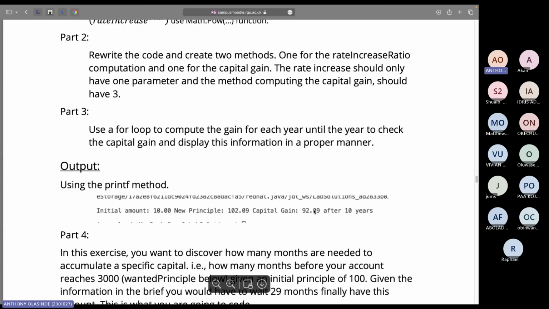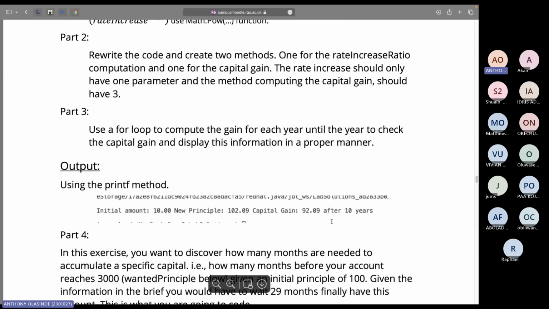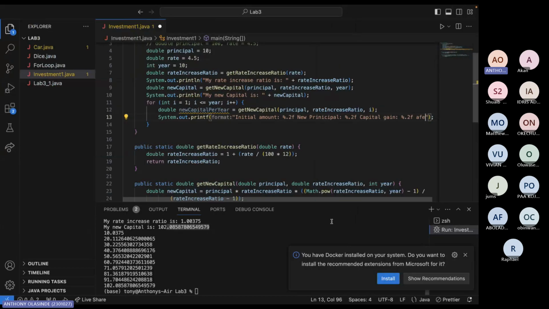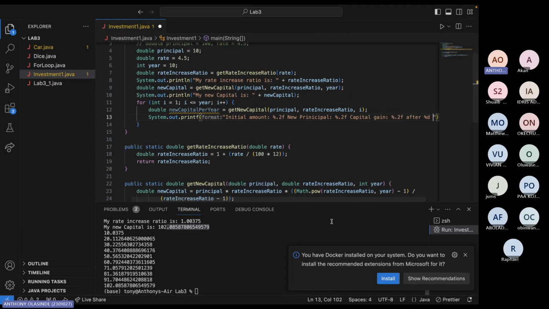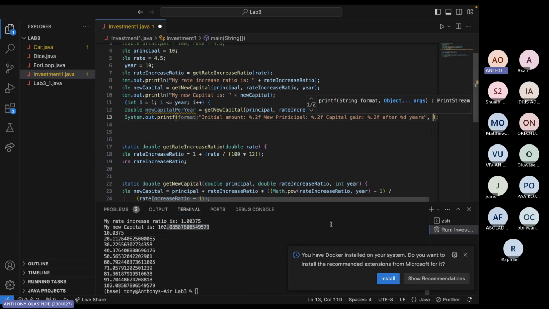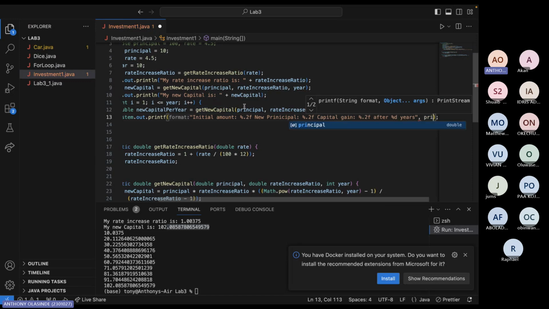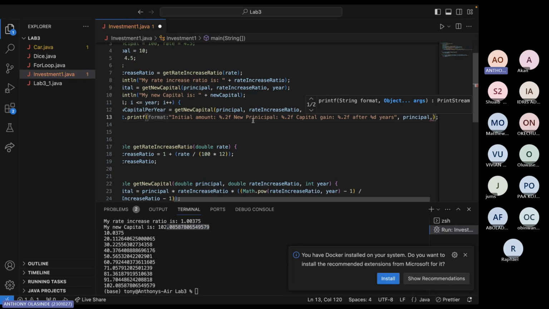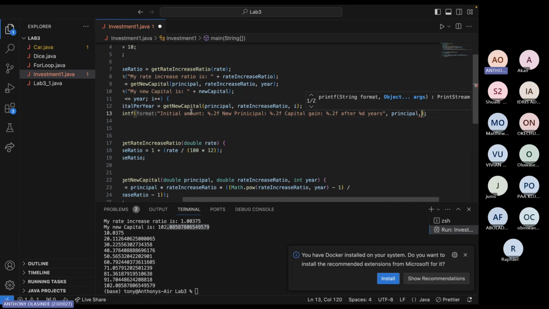So it's also 2 decimal places. .2f. And years after 10 years. So after percent %d, because a year will be an integer, so we use %d. So let's slot in the value. First value is initial principal, which is 10. Which is principal, right? The second one is the new principal, which will be new capital per year.